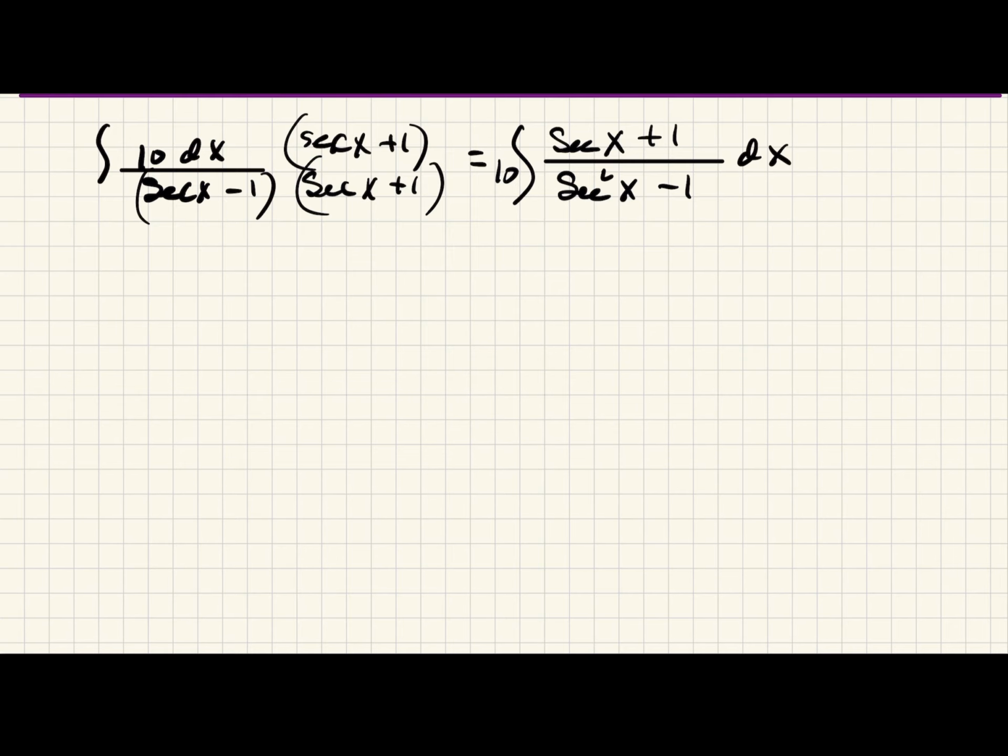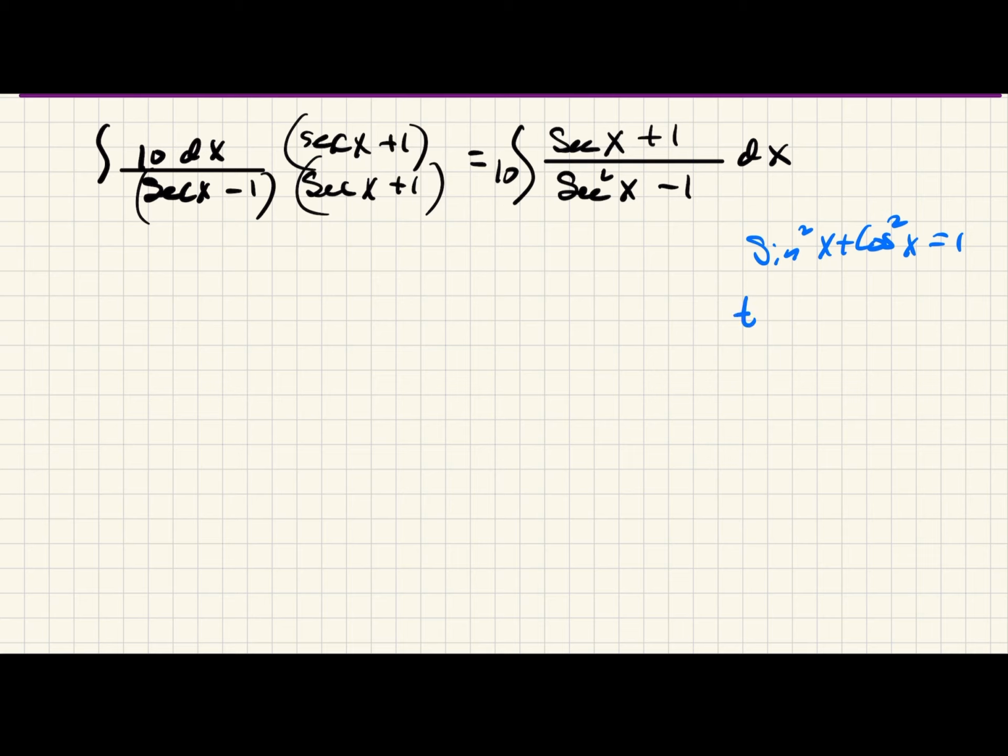Now the question is, does that help us? Well, I might run through my Pythagorean identities and see if there's a thing here. So I've got sine squared x plus cosine squared x equals 1. Now I want one that's got secant in it, so I'm probably going to divide both sides by cosine squared, right?